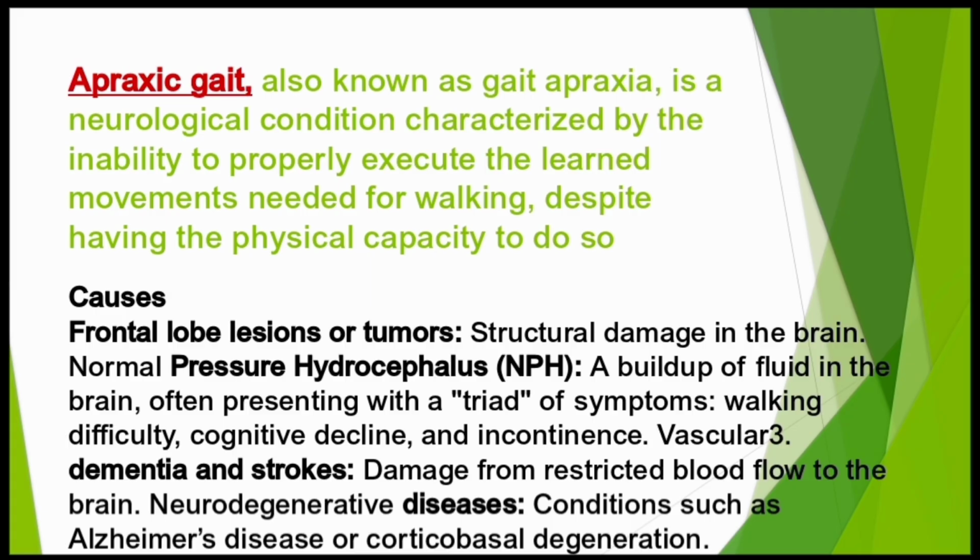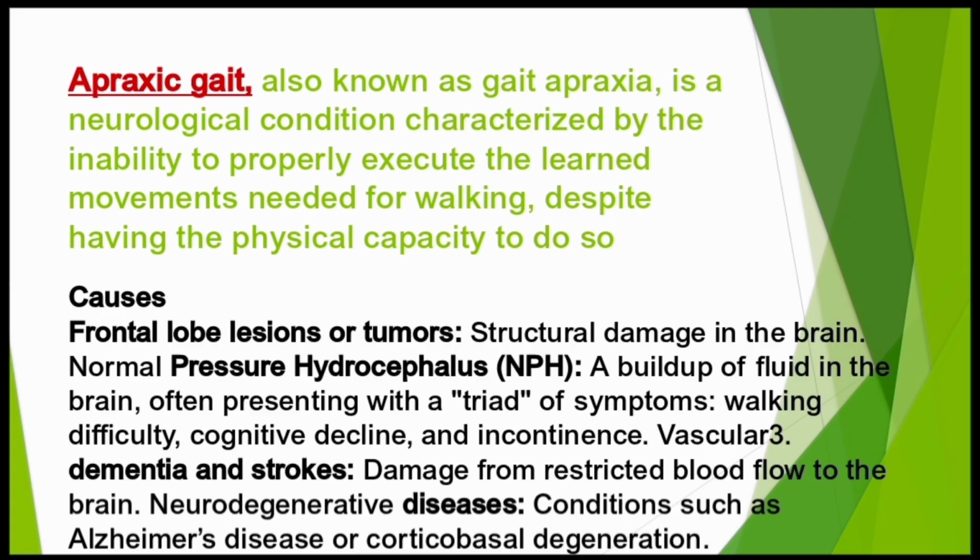That is a buildup of fluid in the brain, often presenting with the triad of symptoms: walking difficulty, cognitive decline, and incontinence. Then dementia and strokes, that is damage from restricted blood flow to the brain.